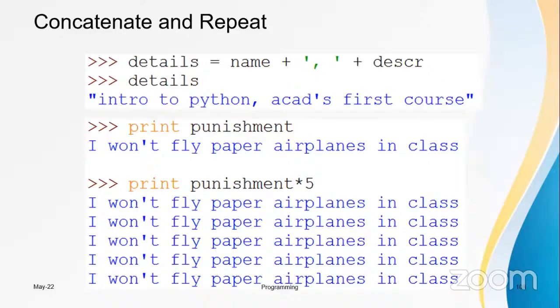So simply, if I want to give 5 numbers, just multiply with 5. This is how I can do concatenation and repetition in strings. Is it clear now?